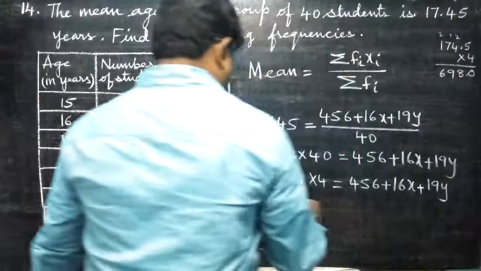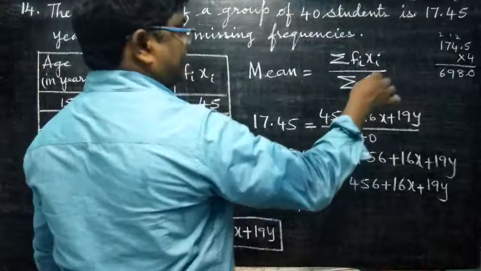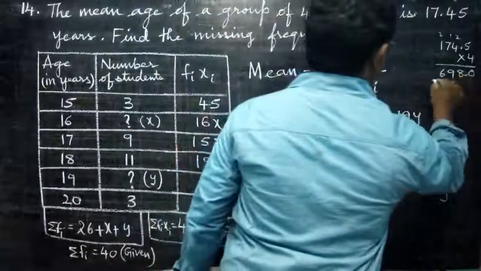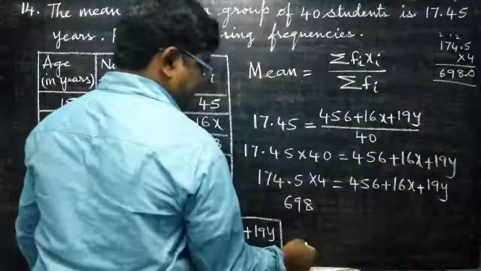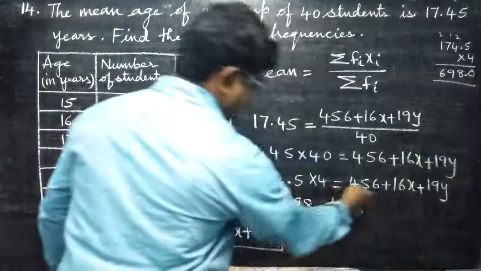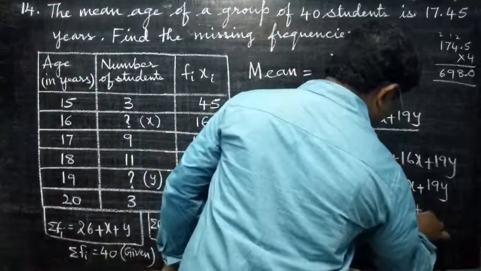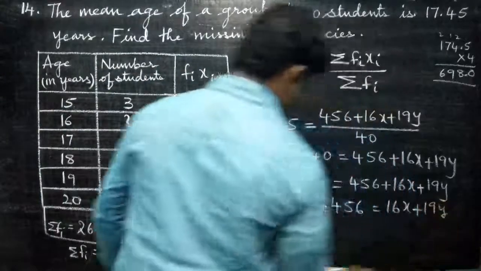So how much you got means 698.0. If you write 0.0 or not, also no problem, because after one digit we have to put the decimal. Minus 456, we brought plus 1 this side, minus, is equal to 16x plus 19y.